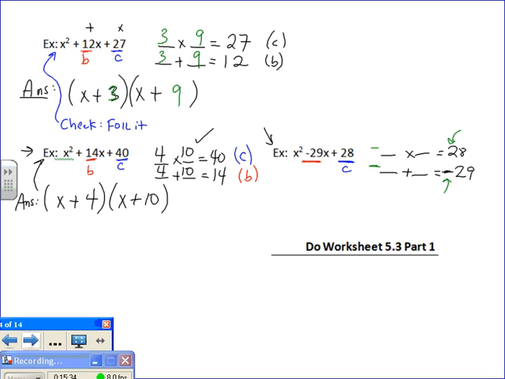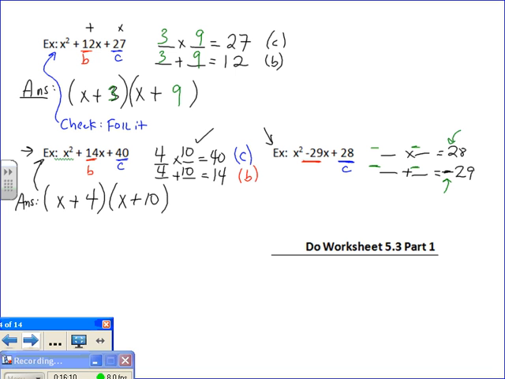Well, there's only two ways I can get a positive number: if I'm multiplying a positive by a positive, or a negative by another negative. So a negative times a negative will give me a positive. That tells me right away that the two terms I'm looking for are both going to be negative, because a negative times a negative will give me a positive, and that's the only other option. I have to have some negative numbers here because the sum is negative. So we want to look at those signs to help us out. So now we know both our numbers we're looking for are negative. What are they going to be?